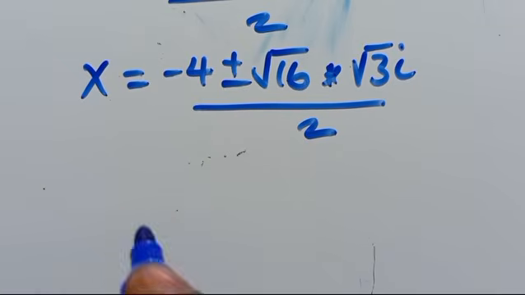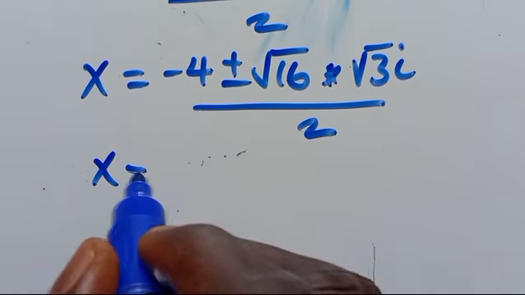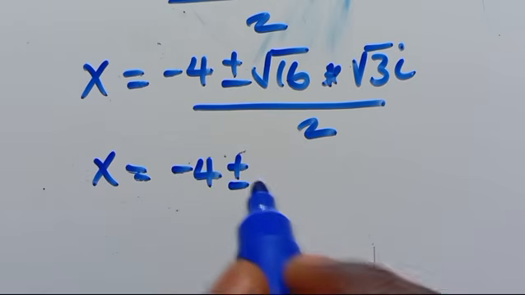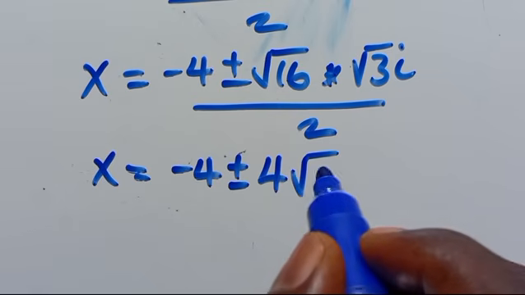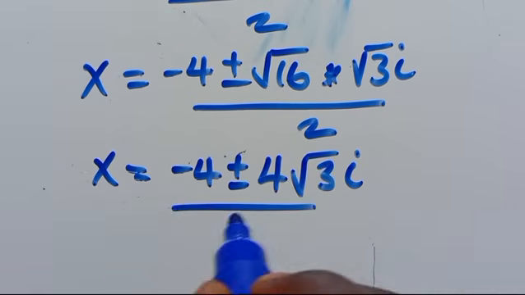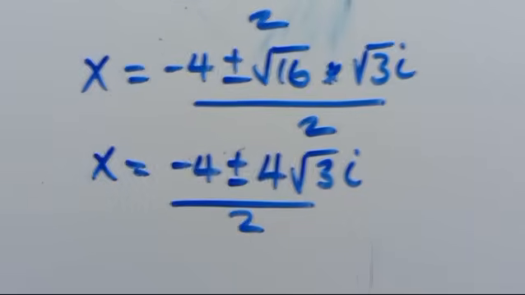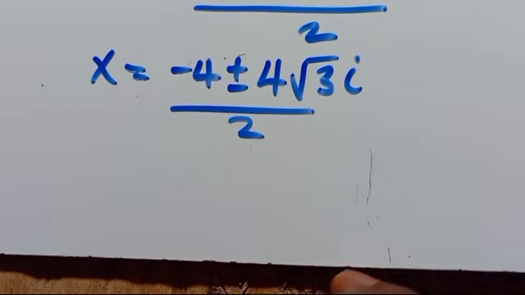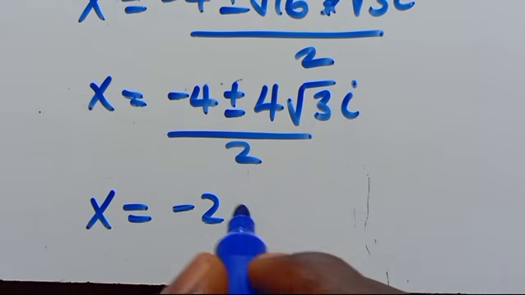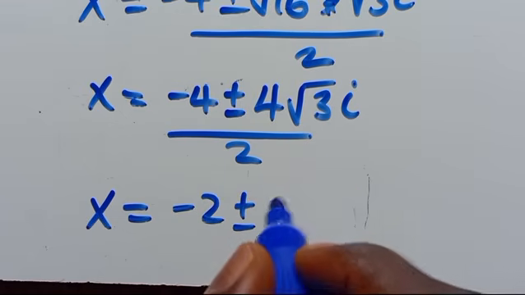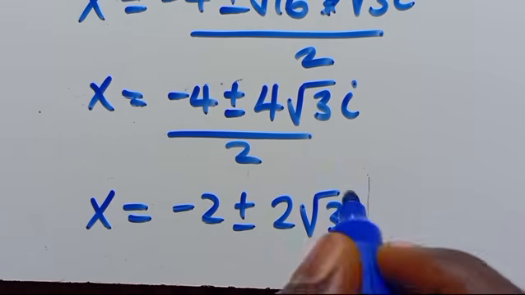So root 16 is a perfect square. We have x equals minus 4 positive or negative, root 16 is 4, multiplied by root 3i over 2. So we have x, this divided by this will be minus 2 positive or negative, this divided by this will be 2 root 3i.